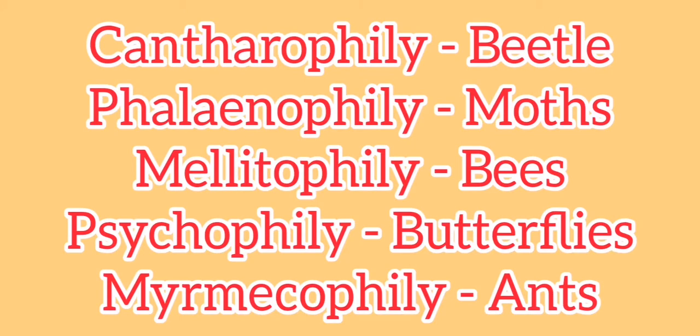Other than ornithophily, pollination by birds, chiropterophily, pollination by bats, malacophily, pollination by snails, we have cantharophily, pollination by beetles, phalaenophily, pollination by moths, melittophily, pollination by bees, psychophily, pollination by butterflies, and myrmecophily, pollination by ants. So you should know these types for 1 mark.